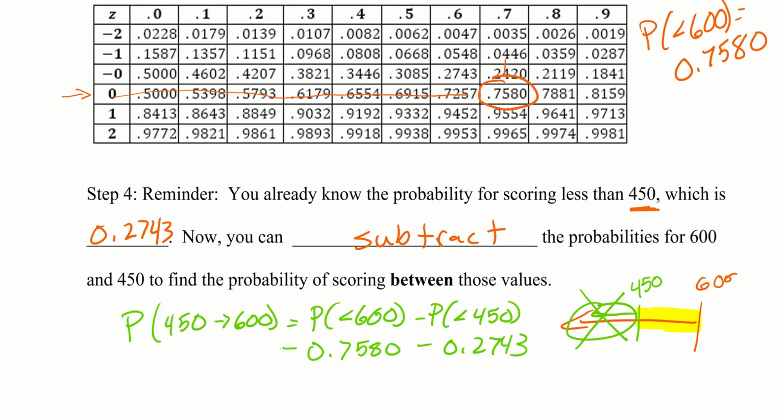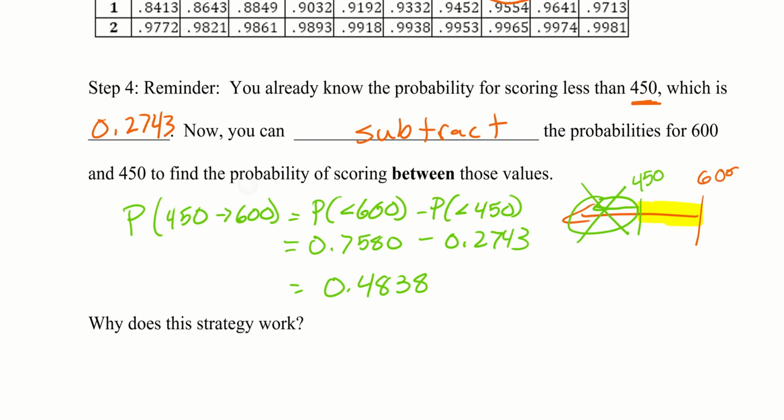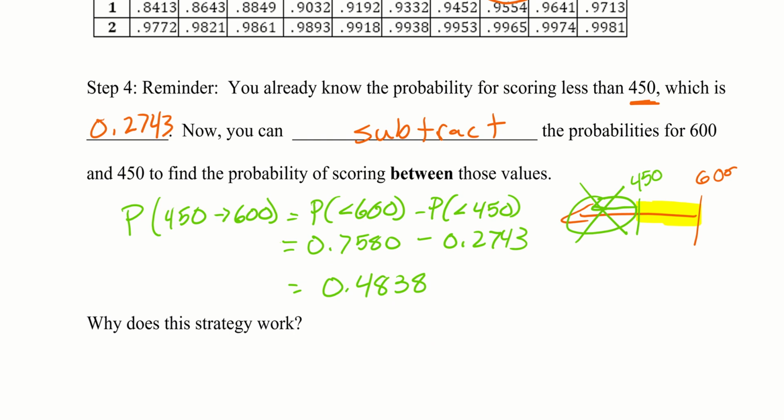Subtract those, and that is equal to 0.4838. And so that is the probability between a 450 and a 600, which makes sense because remember we said it can't be more than 68% because it's less than that.